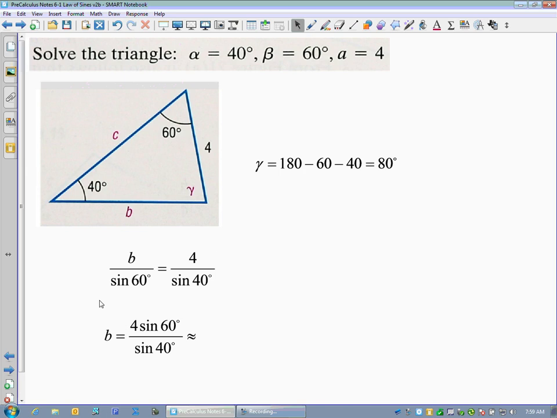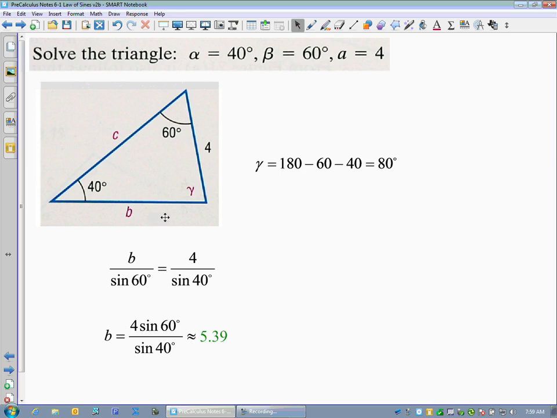So the habit to get into is to always manipulate it so you get an exact answer. This is the exact answer. Then you put that expression into the calculator and get your approximate answer, which is 5.39. So b is approximately 5.39, and make sure you distinguish between approximately equal and exactly equal to.